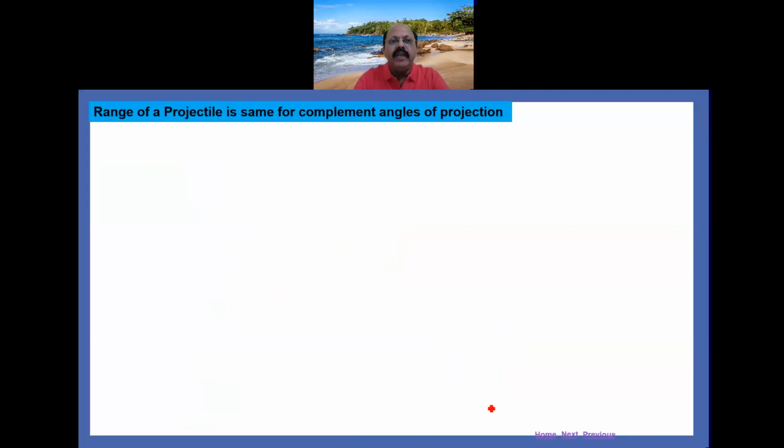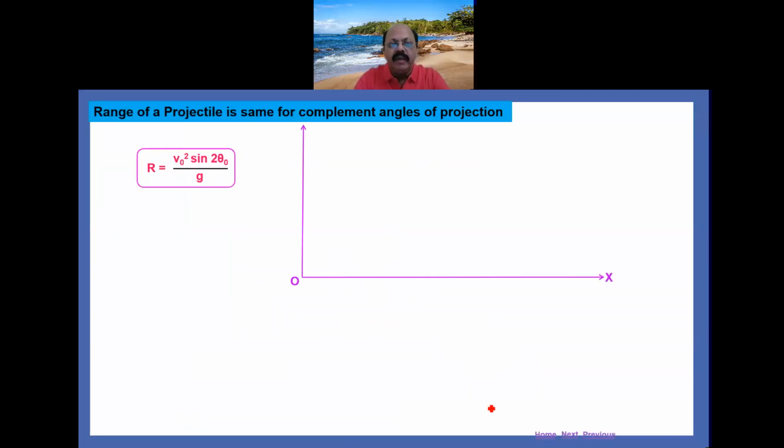Now the range of projectile is the same for complement angles of projection, and that you can see here. The range is given by V naught square sine 2 theta naught upon G, and here we take the complement angles. As you see that at 45 degree when a projectile is projected with velocity V naught, then we are getting the maximum range R max.